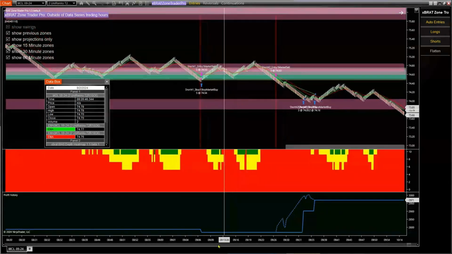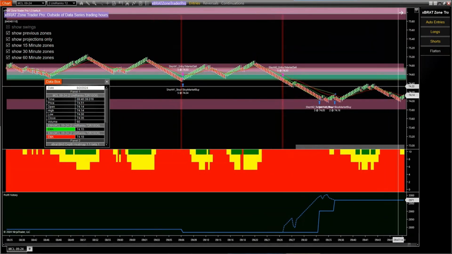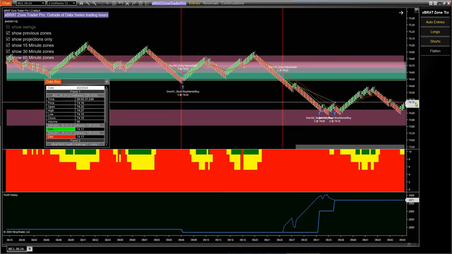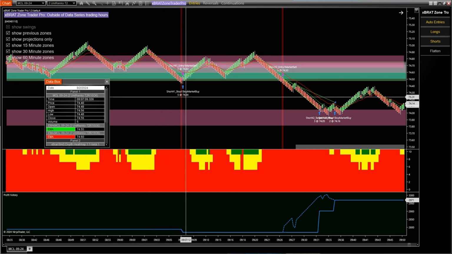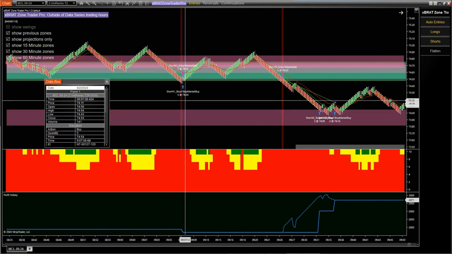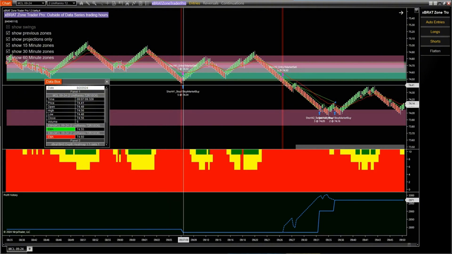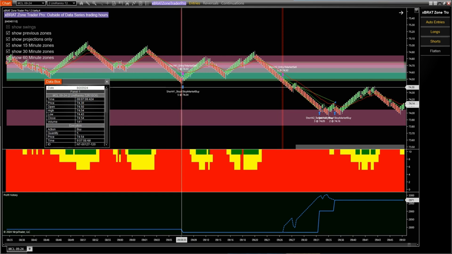But then with the Zone Trader Pro, this is what trades those zones. Initially it tried to look for that breakout, what we call a continuation trade through there. It failed, little loser. That's fine. Again, look at that data box there. It's the 2nd of the 8th. So this is at sort of 9:06, a little bit after the oil pit open.